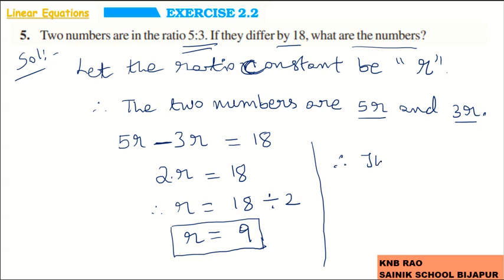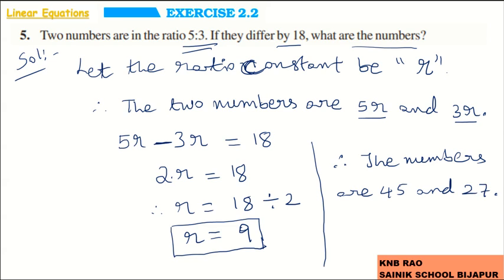Therefore, the numbers are, since r is 9, 5 into 9, 45, and 9 into 3, 27 are the two numbers.